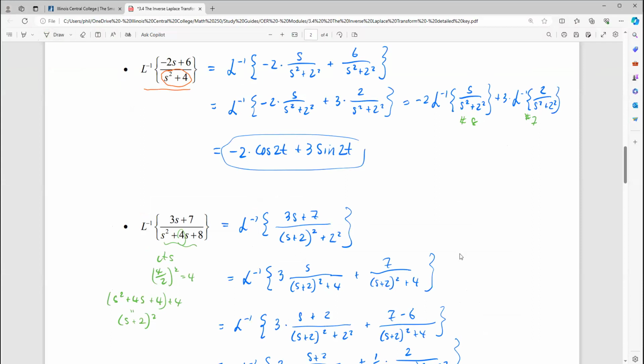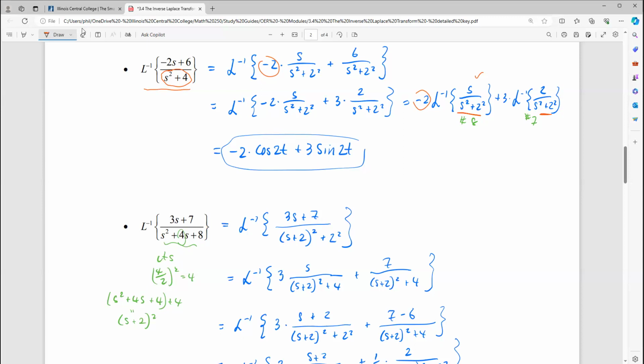Notice the negative 2 can be factored out, so I can basically apply linearity. With the negative 2 factored out, this is now directly number 8. And this guy here is number 7: s squared plus 2 squared with a number on top. The number on top needs to be this k number here, which is the number 2.